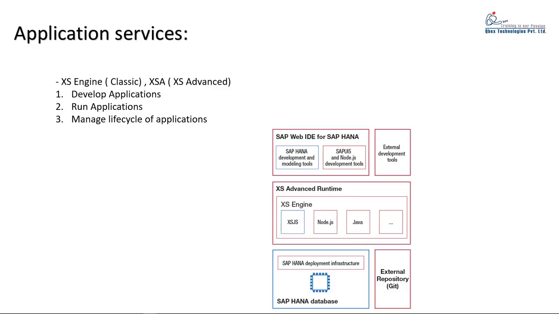Now, latest, it is improvised as XSA, XS Advanced. Till SP10, it was called XS Engine Classic. But from SP11, we moved on to a concept called XS Advanced, which is actually a runtime engine that you can leverage for two things: develop applications and run and manage the life cycle of the application.